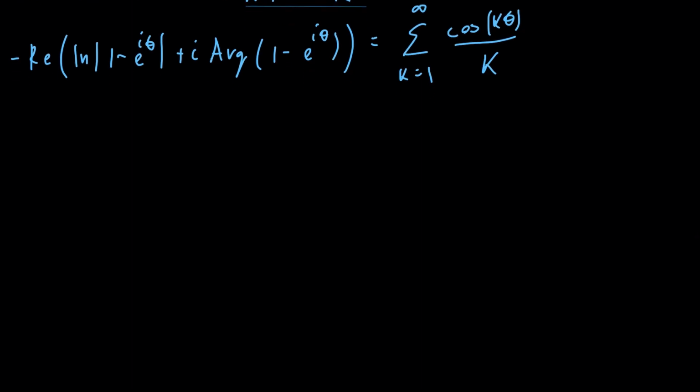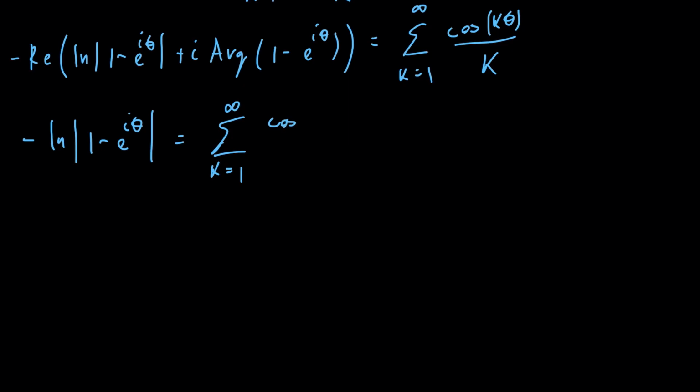But we're interested in the real part of this, so we're just going to have a negative the natural log of the modulus of 1 minus e to the i theta is equal to the sum from 1 to infinity of the cosine of k theta over k.